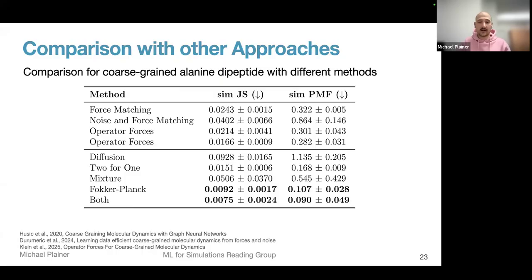And we can see that our Fokker-Planck regularization and our diffusion model actually consistently outperforms these methods, showing that just taking samples, no priors, just a simple neural network can outperform even force matching. So when we have less data, which is really nice.